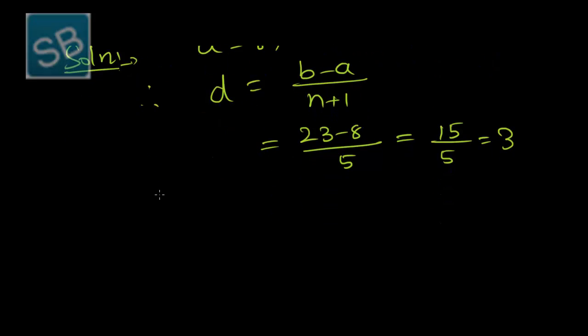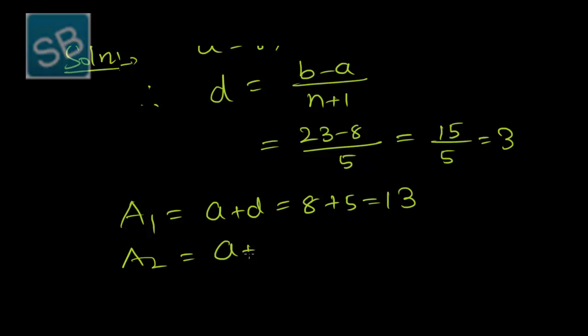So we get d is equal to 3. Now the first mean is a plus d, that is 8 plus 3, which is 11. The second mean is a plus 2d, that is 8 plus 6, which is 14.